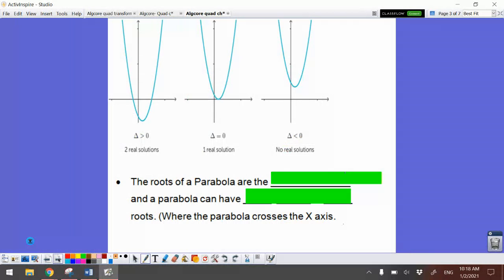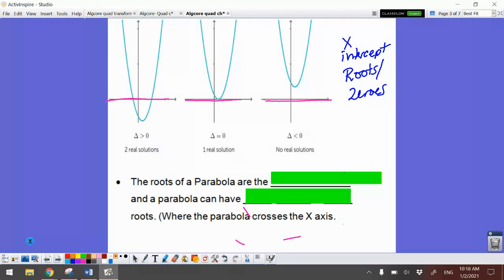Okay, so when we're looking at our parabolas, we know that they have x-intercepts or roots. Sometimes we call them zeros, okay? But what that means is the parabola is touching the x-axis. So here's my x-axis, okay?